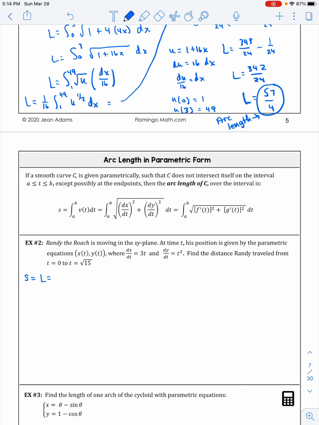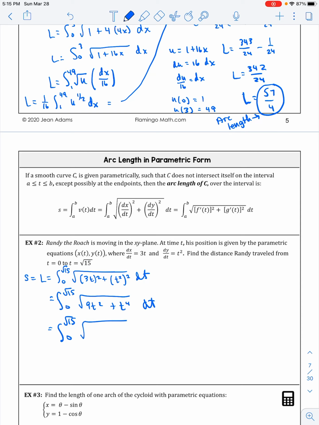We're going to say that the arc length S is equivalent to the length along the curve from 0 to the square root of 15. Square root of my dx/dt is 3t, so (3t) squared, plus my dy/dt is (t squared) squared dt. So this becomes the integral from 0 to the square root of 15 of the square root of 9t squared plus t to the 4th dt.